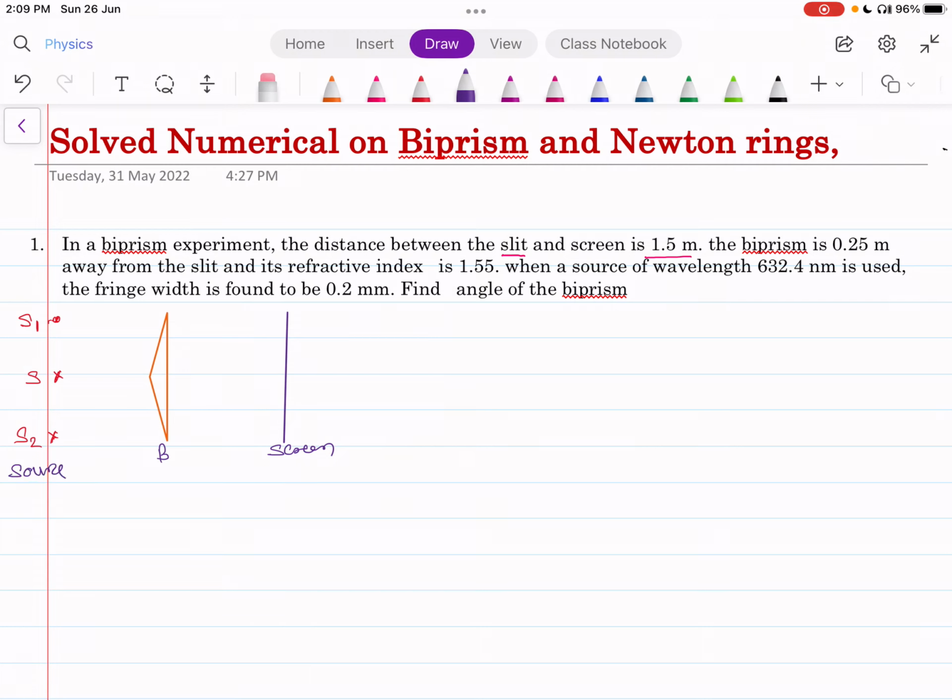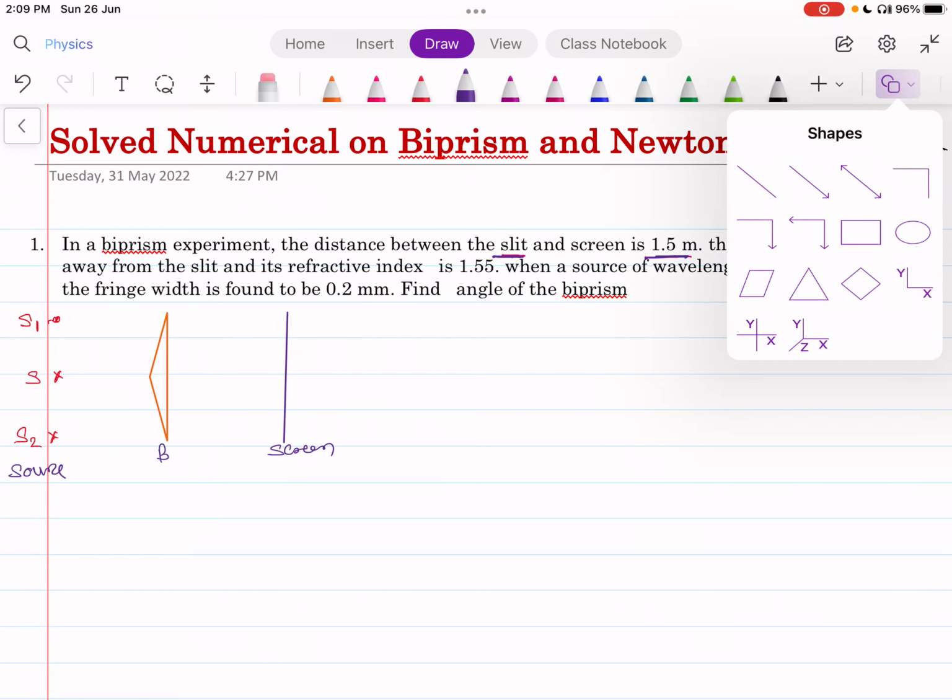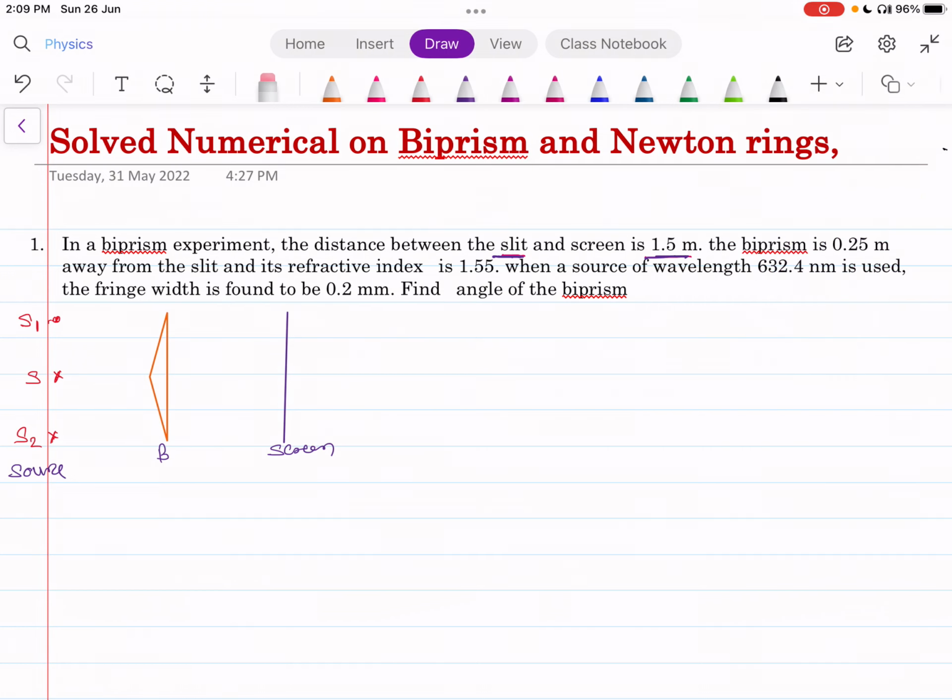Now let's see what is given. The distance between slit and screen is 1.5 meter. So this distance is given, and we represent it by the letter D, capital D, which is 1.5 meter.